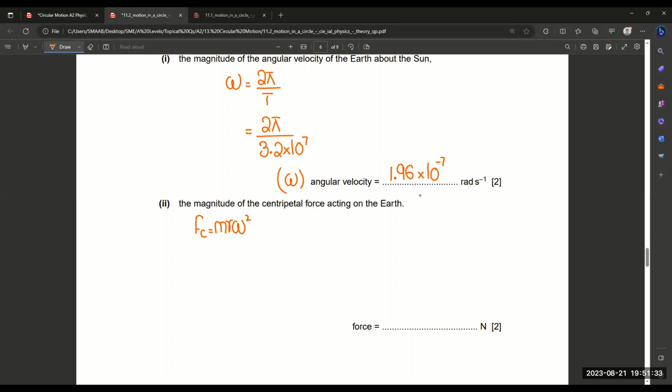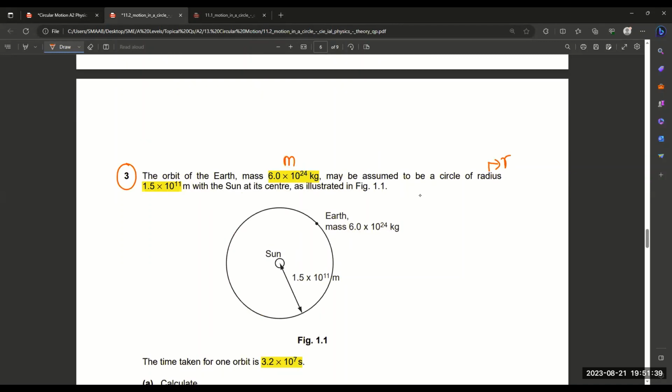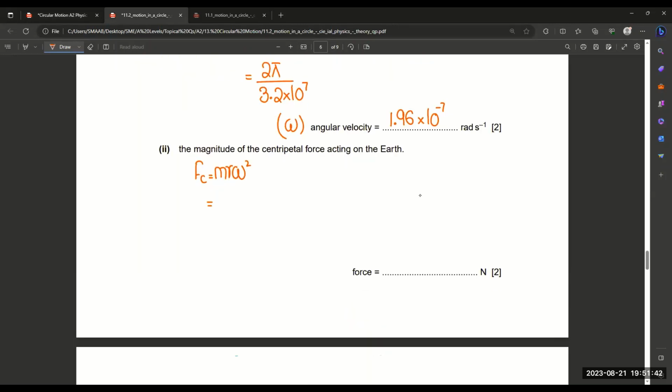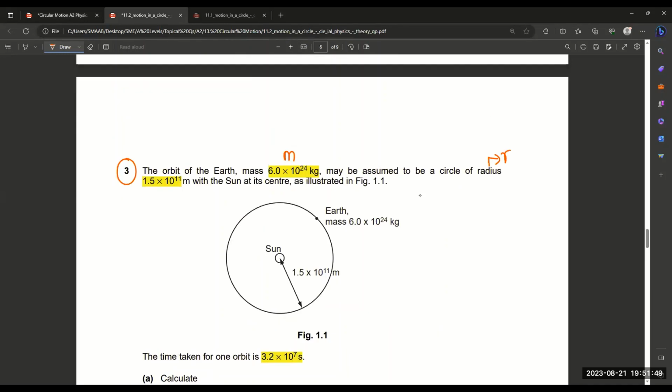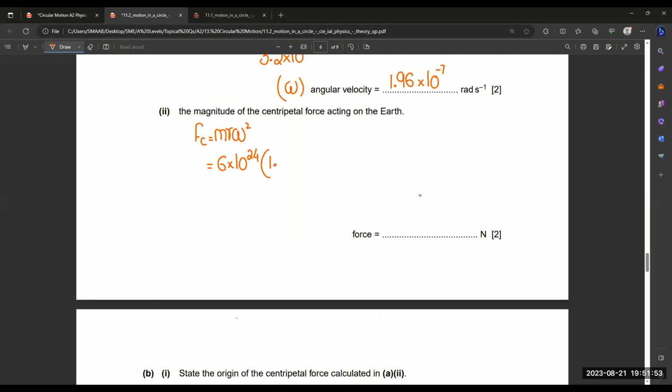Your final answer will be equal to the multiplication of all the things. So basically m is 6 exponent 24, r is 1.5 exponent 11, omega is 1.96 whole square.